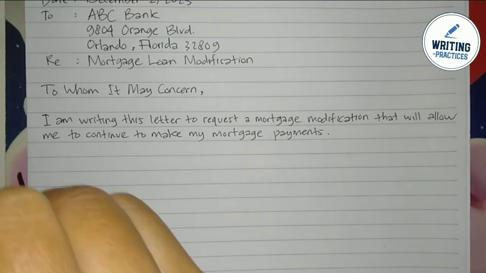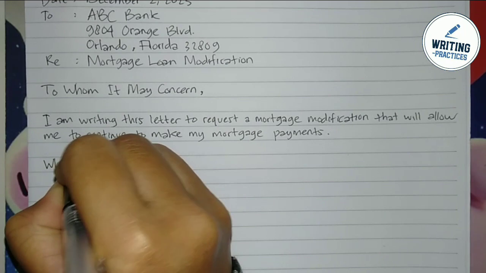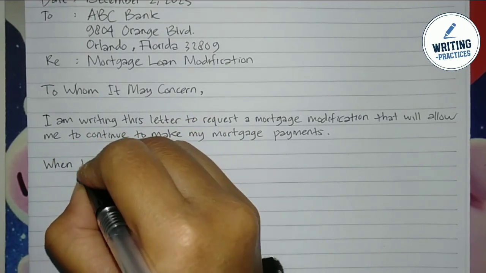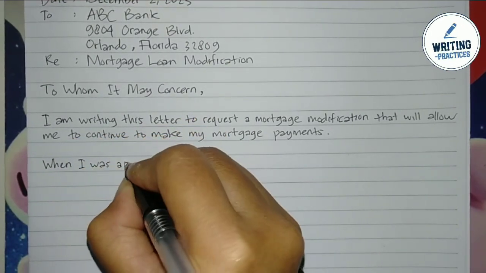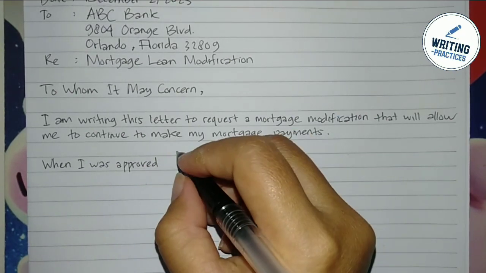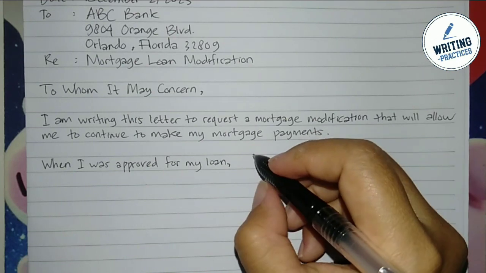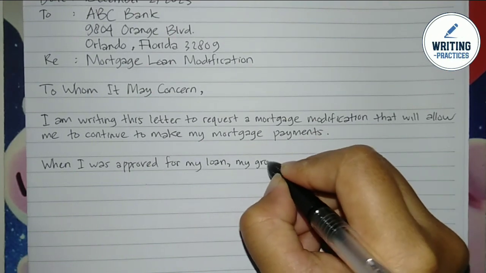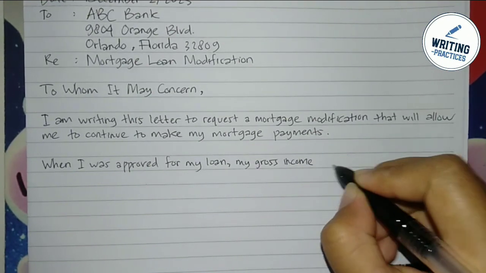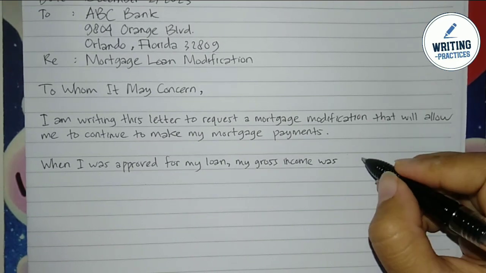In the second paragraph, write the reason why you are requesting for loan modification. Write how you made a deal about the payment in the first place. At that time, you may have had a lot of money and salary. But now, you face hardships in finance.